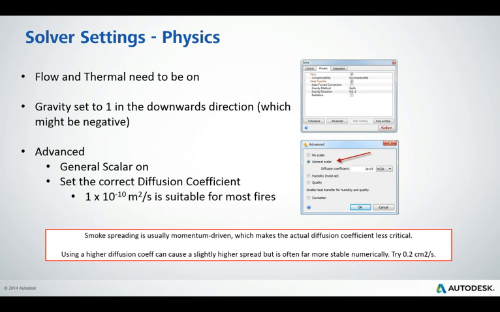So we can, if we want to, double that diffusion coefficient to the 0.2 centimeters squared a second that's shown in the bottom right. Generally that has quite a minimal effect on the results, really because the smoke isn't driven by the diffusion, it's more driven by the momentum, it's more driven by the fans. So we can generally improve the stability of the solver without having a negative impact on the accuracy of the results.